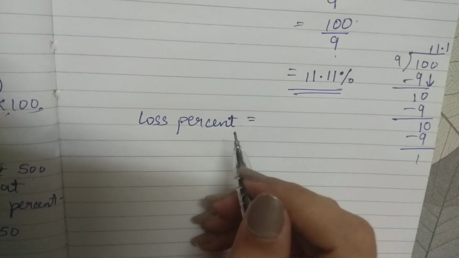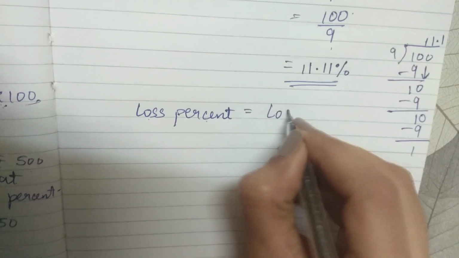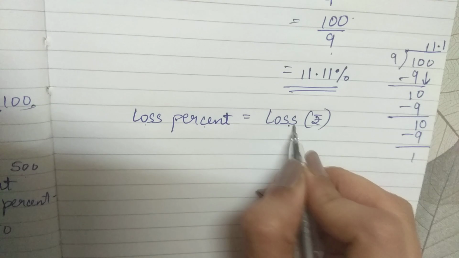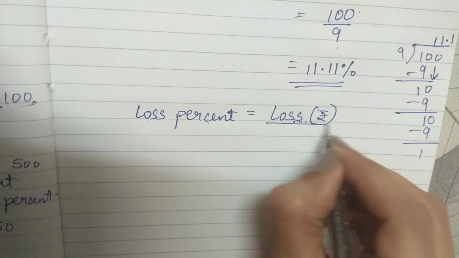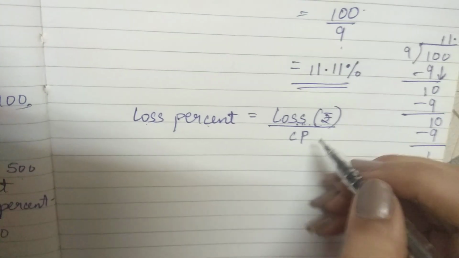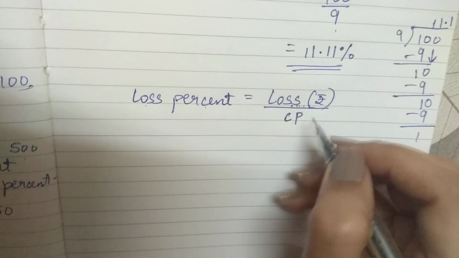Now similarly there is a loss percent. Logically, if it is a loss percent, obviously the numerator will be the loss, which will be in rupees. Now where will we get this? From the previous formula, loss upon the cost price. As I have said, the profit and loss always depend upon the cost price, or the base is the cost price.